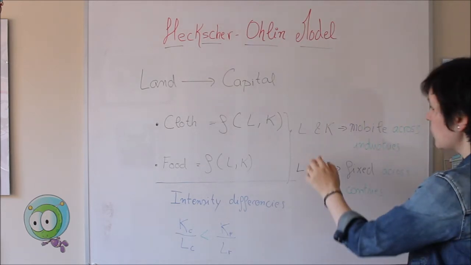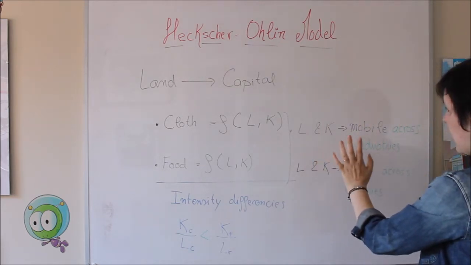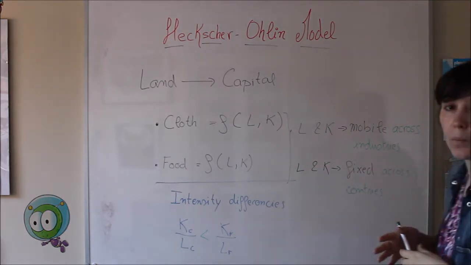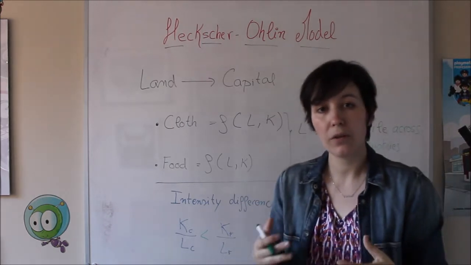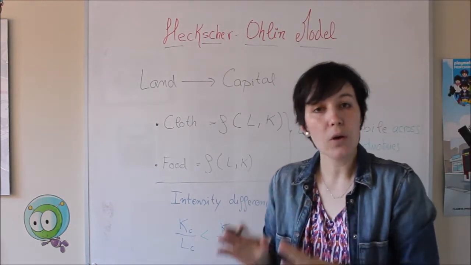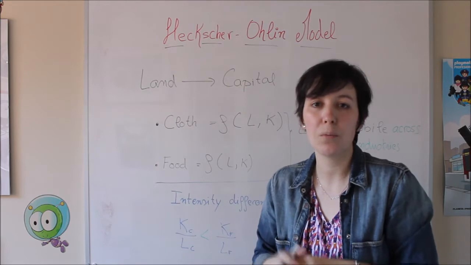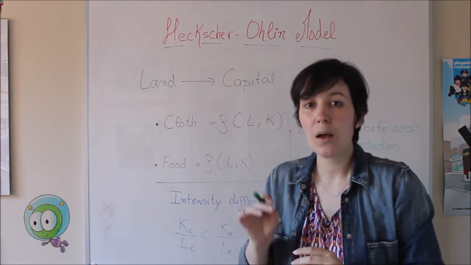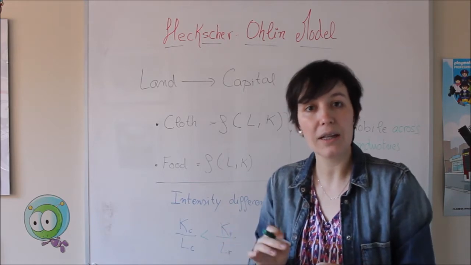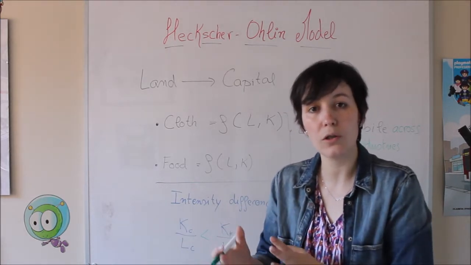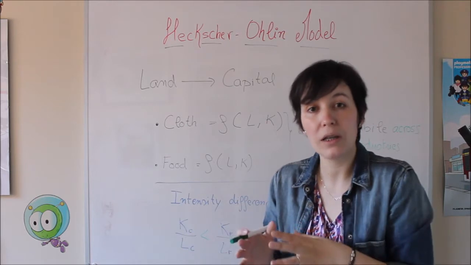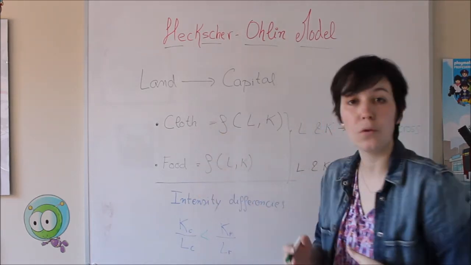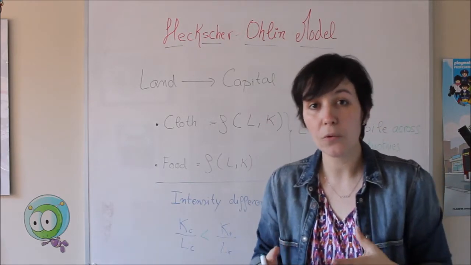More things. Now capital and labor are both going to be mobile among the industries. So now we don't have a fixed production factor per industry. Instead, both labor and capital can change from one industry to the other. So one worker or one machine can be used for producing clothes or for producing food, because capital in the long run is money.